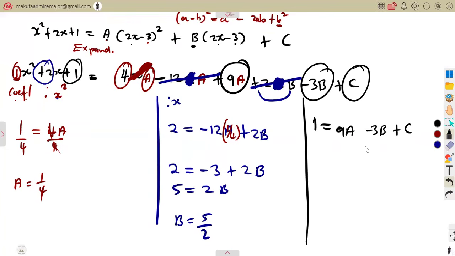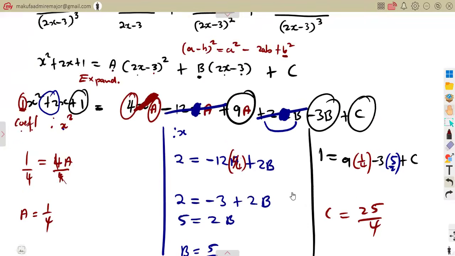So you have to substitute the a that you calculated, 1 over 4. B, we also have this value of b, 5 over 2. So you substitute these values. So c is going to be 25 over 4 if you calculate properly.